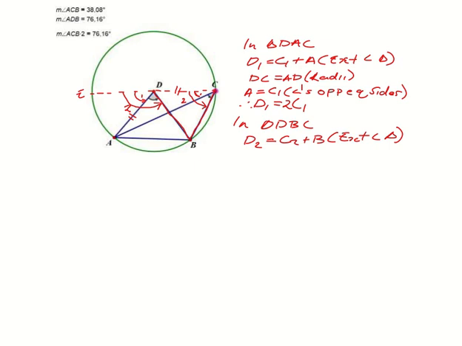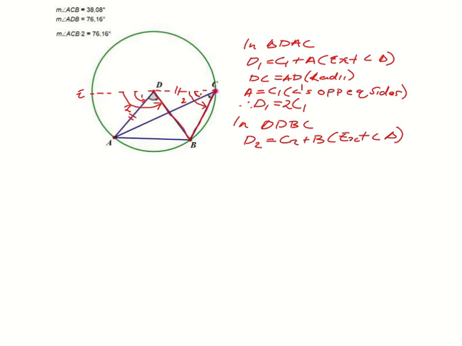So far we've discovered that in the first triangle the exterior angle is equal to the sum of the interior opposite, and then we had radii, which created angles opposite equal sides. Now we have D2 is equal to C2 plus B, which is the exterior angle of a triangle.